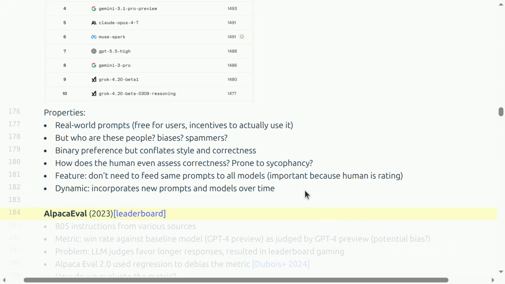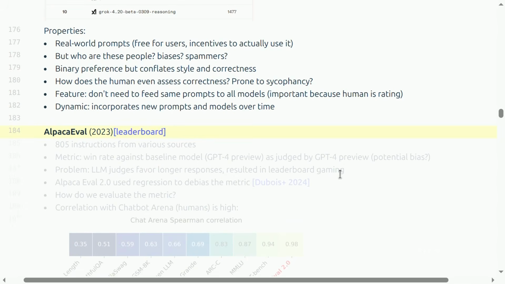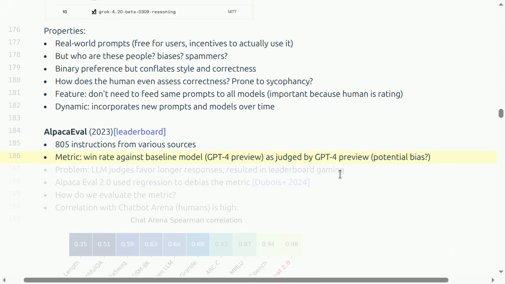Okay, so let me talk about a different approach. So this is AlpacaEval from 2023. There were some instructions derived from various sources, and the metric here is the win rate against a baseline model.